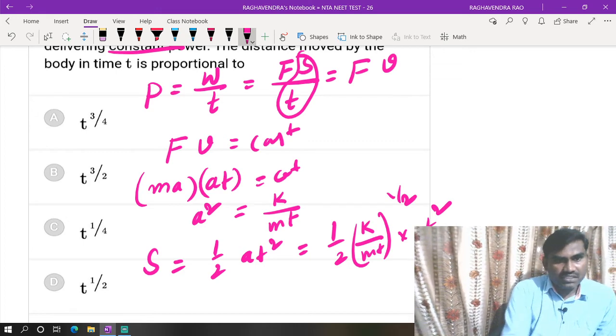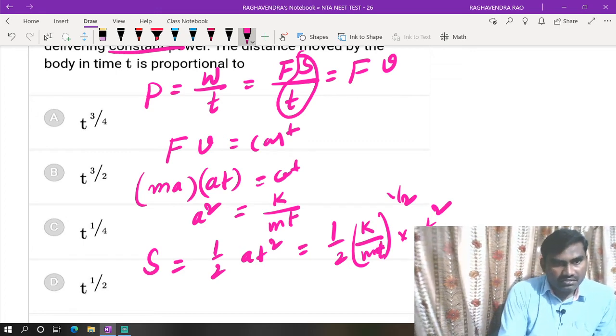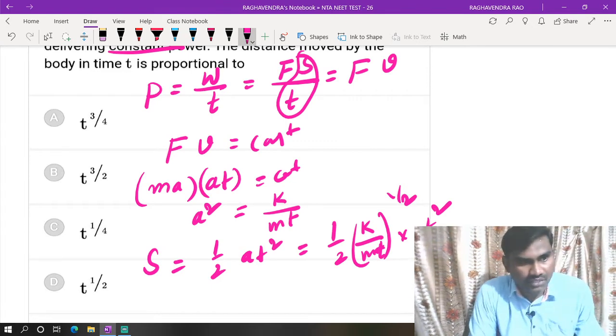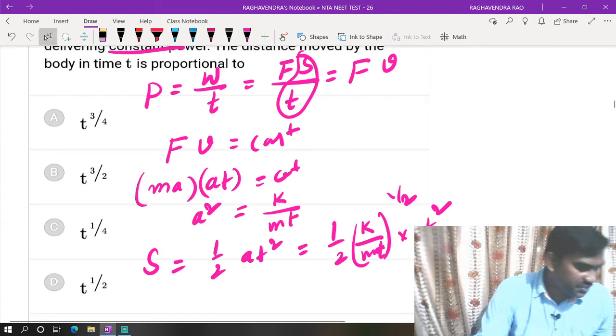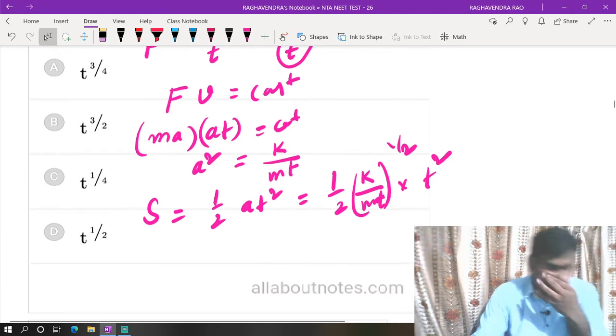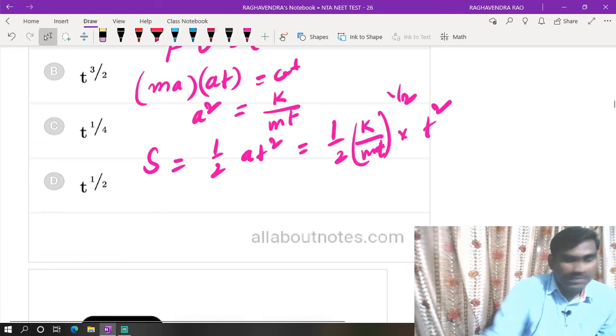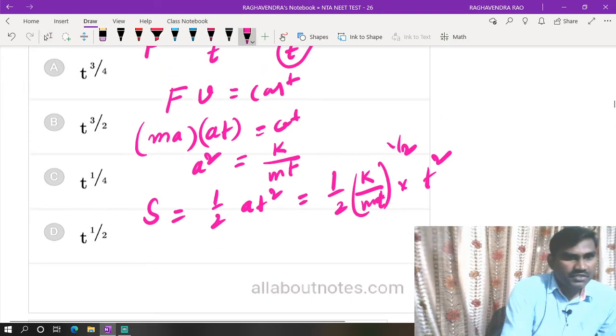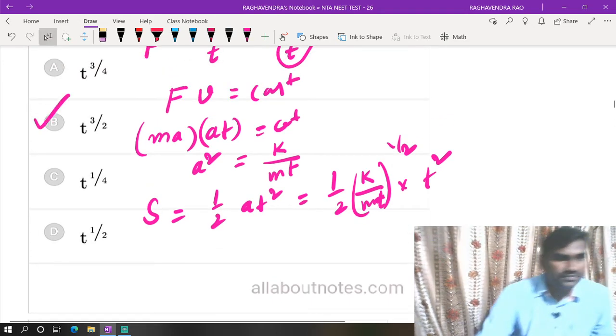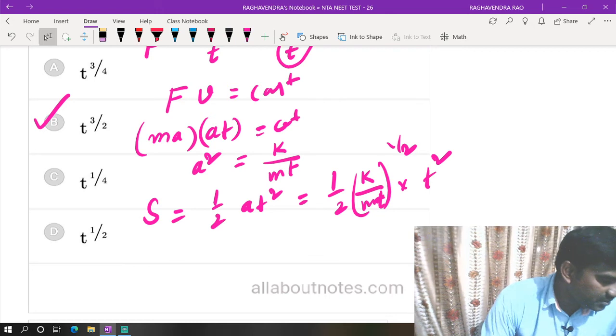Now this is t to the power of 1 by 2 and t to the power of 2, so it will be equal to t to the power of 3 by 2. That is option B.